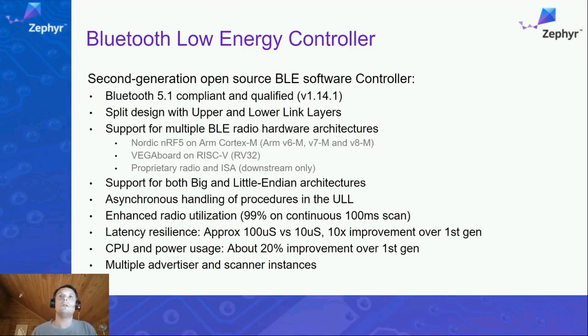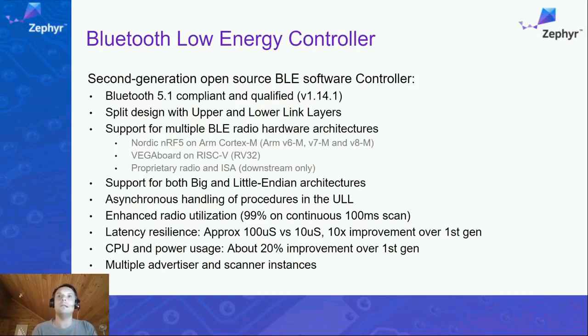So it runs on, obviously, ARM Cortex-M, using the Nordic radios, but also on the Vega board using the RV32M, if I'm correct, RISC-V architecture, and then also a proprietary radio and ISA that is currently being implemented downstream. It also supports big and little endian architectures, and in general, what makes this controller a little bit unique when compared to the other open source controllers that are out there is the extremely efficient radio utilization it has and the resilience it has to latency.